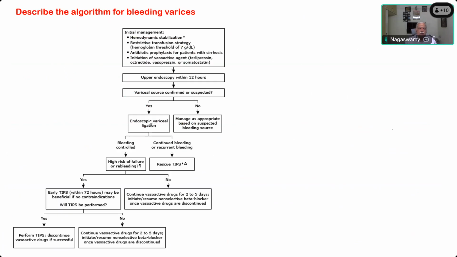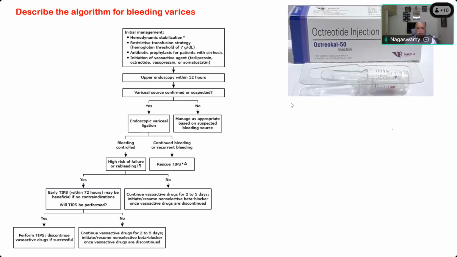Endoscopic ligation can be done or managed appropriately. Whatever points I have told is given in the form of an algorithm, just for you to know, so that in case they ask if you are aware of any algorithm, you can say these are the things.